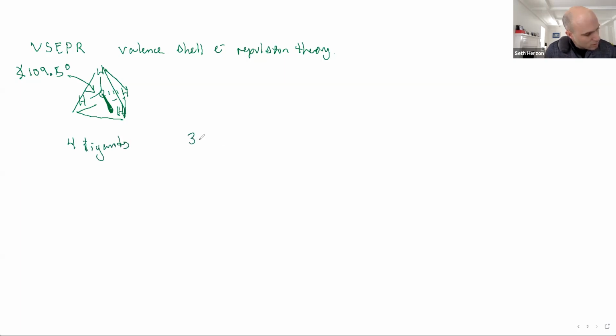For 3 ligands, the situation is a little bit different. I could stick with my 109.5, but I can actually do a little bit better. And the way I can do better is if I planarize the molecule. An example would be boron trifluoride.